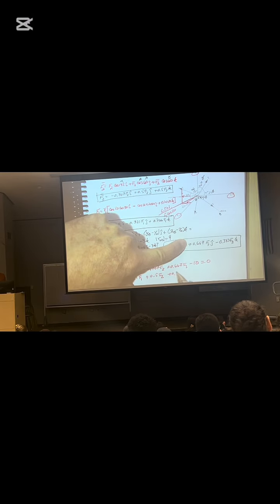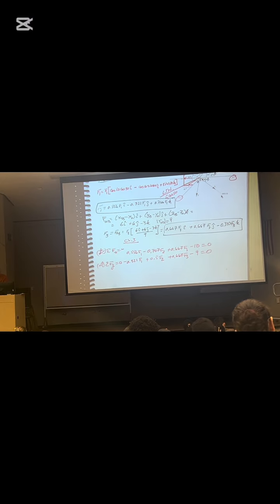Sum of forces in the y equals 0, positive upward. That says negative 0.321 F1 plus 0.5 F2 plus 0.667 F3 minus 9 must equal 0.